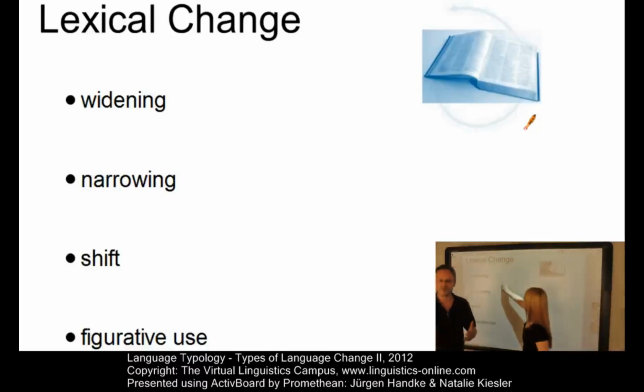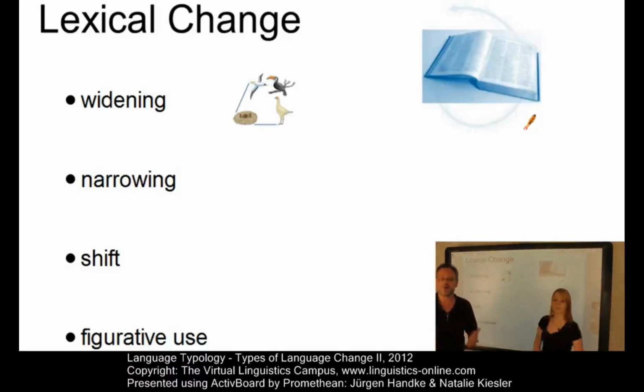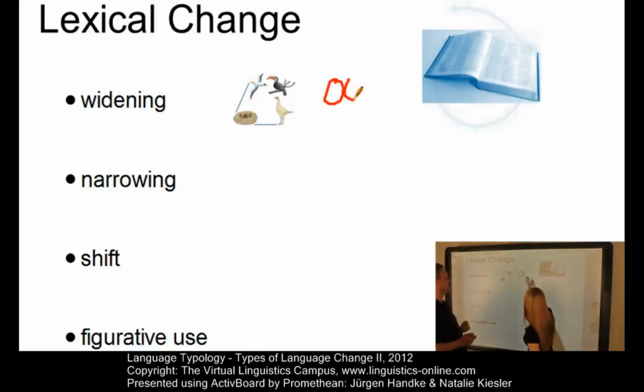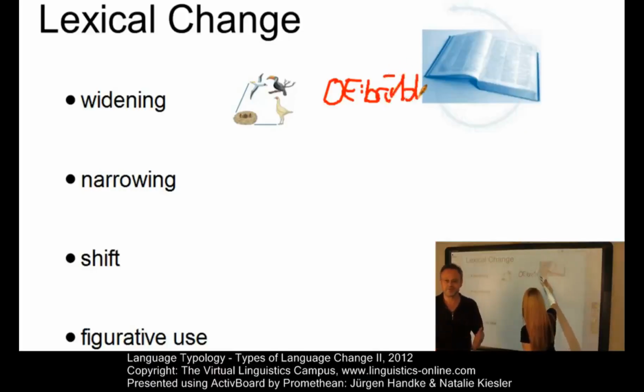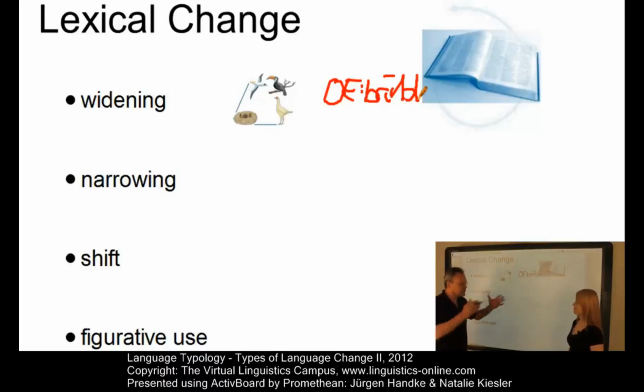Widening is if a lexeme acquires additional meanings while still retaining the old one. In Old English we had brid, which meant bird. In fact, it meant young bird, and the general term for bird was voerel, fowl. During the Middle English period, both merged and became fowl of any age.